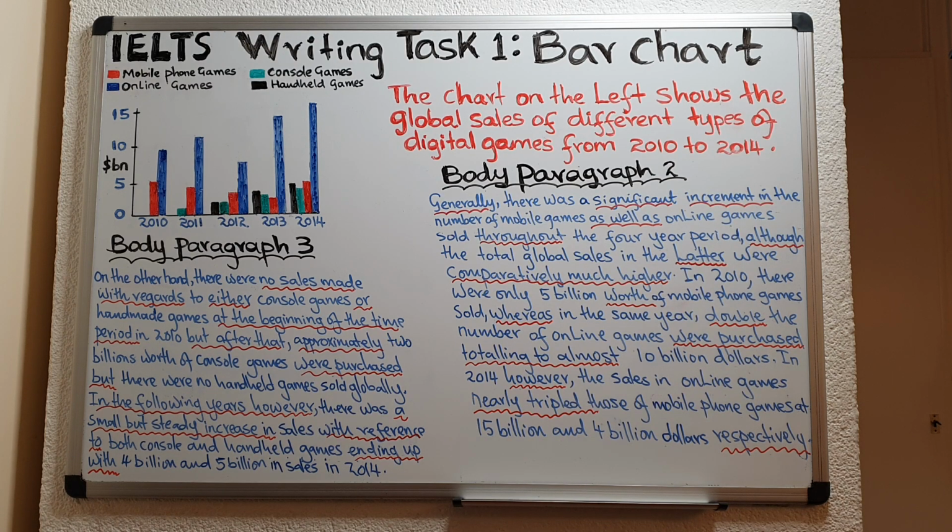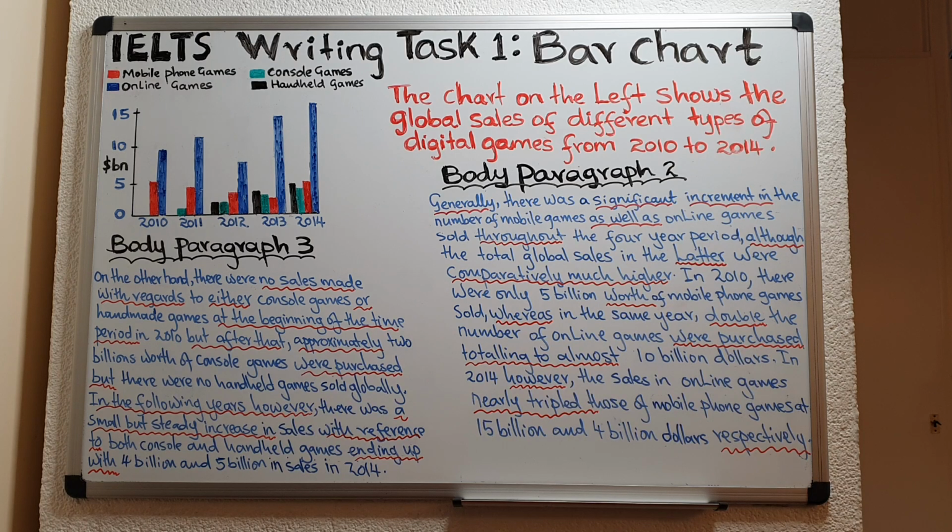In 2014, however, the sales in online games nearly tripled those of mobile phone games at $15 billion and $4 billion respectively. Okay, they nearly tripled because it is not exactly tripling. For it to triple, it would have to be 3 billion and 15 billion. So that's why I use the words nearly tripled those of mobile phone games at $15 and $4 billion respectively.